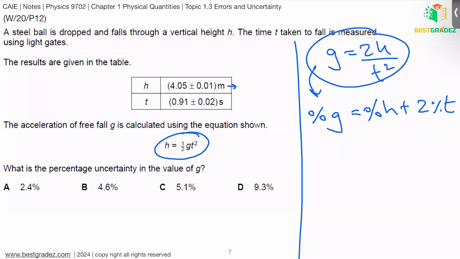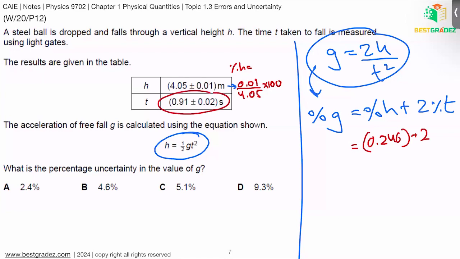And then what we have to do is the percentage h is clearly visible from this data. Okay, the one Fatima you mentioned about 100, I think. So we'll divide the absolute uncertainty and multiply by 100, 0.246. So instead of percentage h, I'll put 0.246 plus 2 times percentage t.